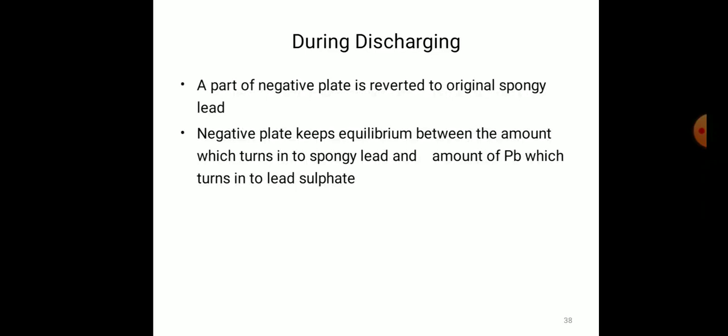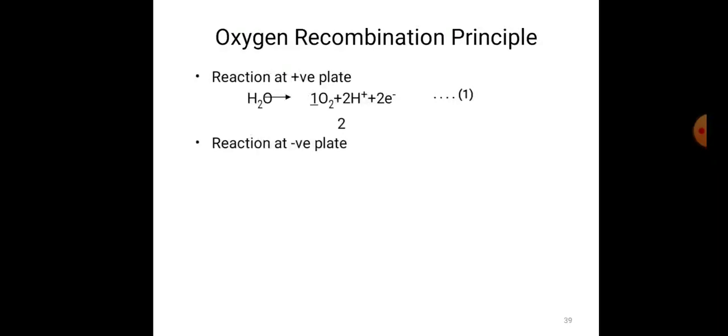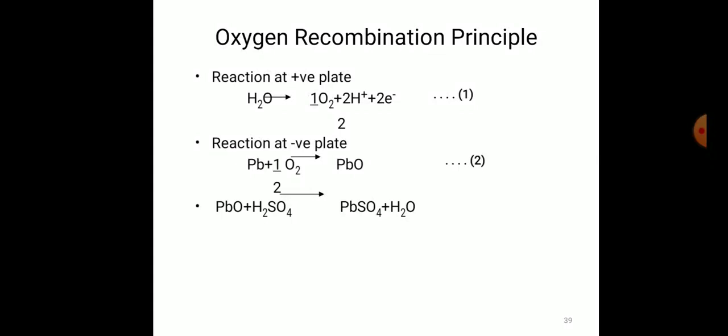So the negative plate keeps equilibrium between the amount which turns into spongy lead and the amount of lead which turns into lead sulfate. Now we try to see the oxygen recombination principle, how it is having the reaction chemically.